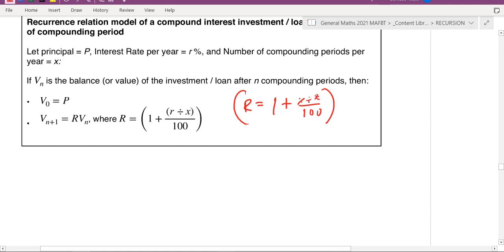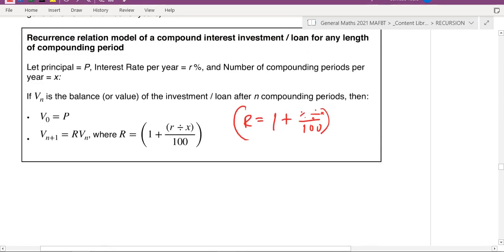So if it's annually, the percentage is fine. But if you're compounding more than once a year, then it's the rate divided by whatever it is compounding, so it could be weekly or daily, depending on the question. This is where you have to really read the question and understand what it's telling you to do. Nothing else has really changed.